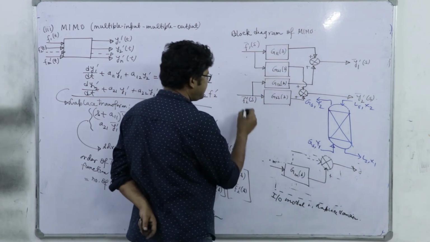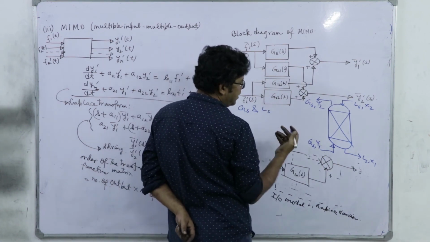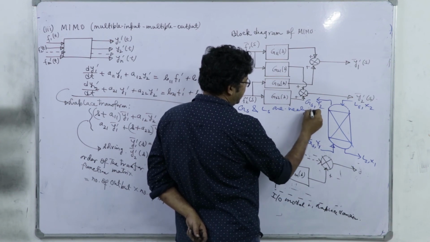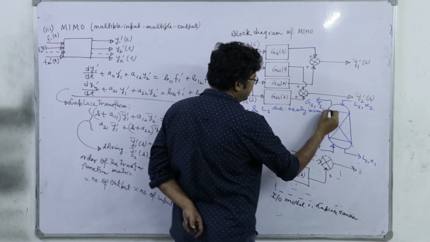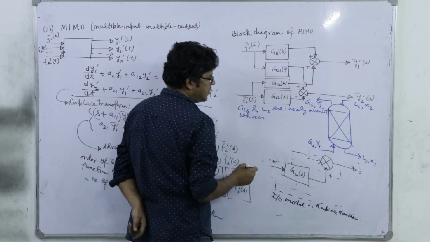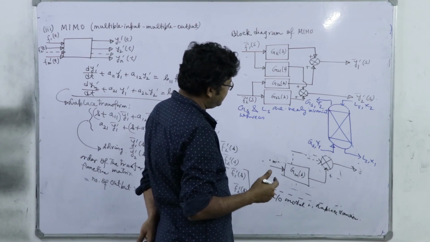Now GS and LS are nearly invariant, whereas, okay, then it creates a problem.